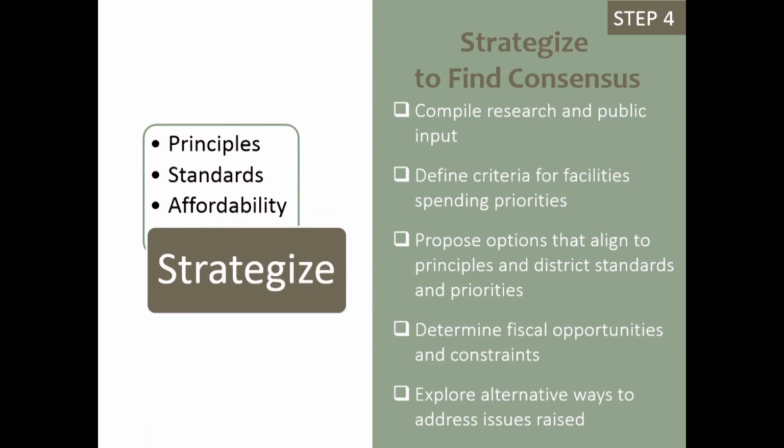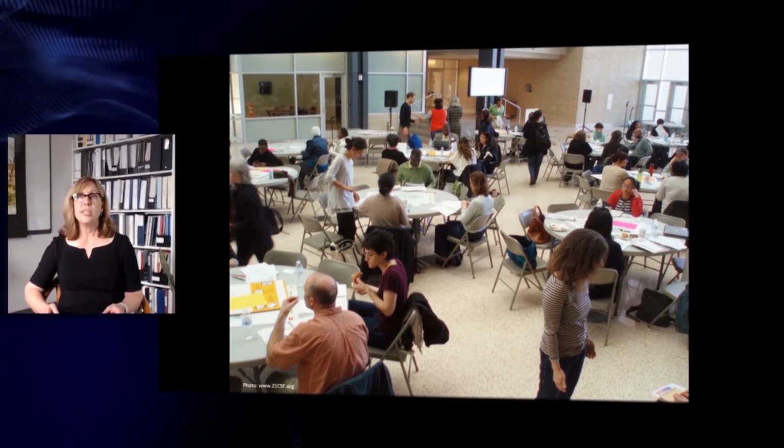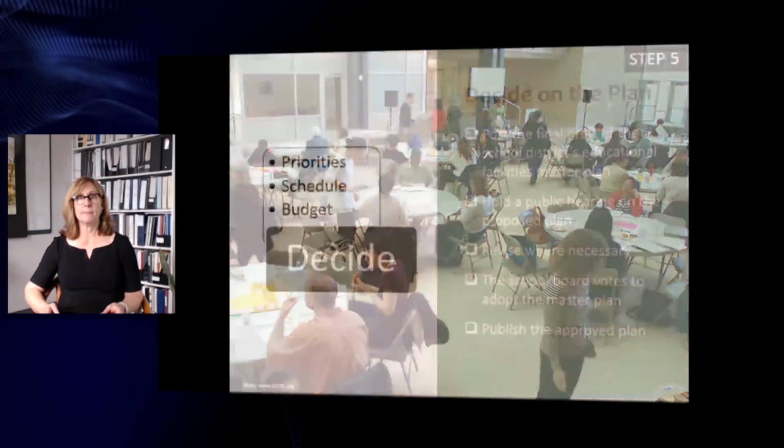In Step 4, the technical team and advisory committee will compile the research and develop options that support your district's educational vision and respond to real-world constraints. These options should be presented at community meetings where there are opportunities for dialogue and input.